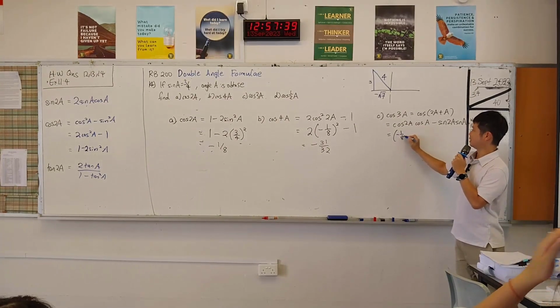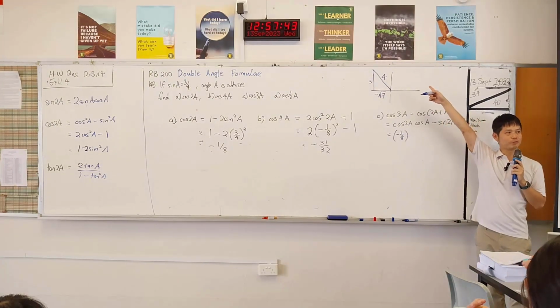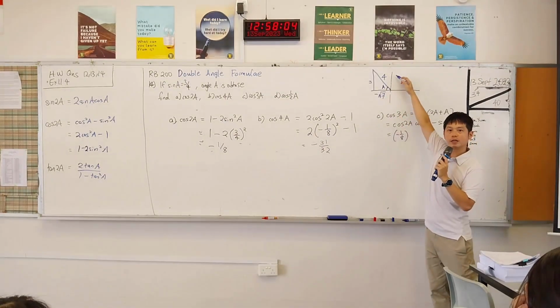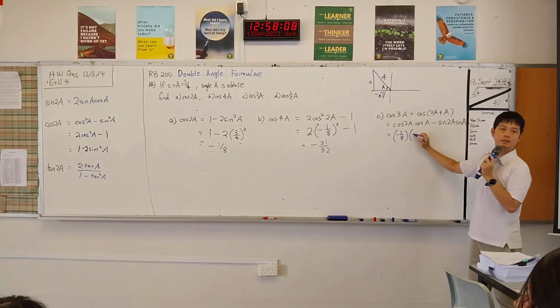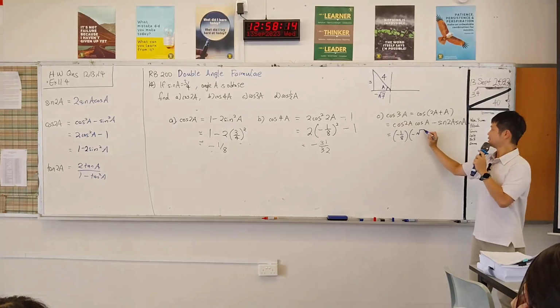Negative 1 over 8. Do I have cosine a? So find out immediately what is cosine a. Alright, so adjacent over hypo, right? Which is negative. Don't scare me, you all know, right? You all just keep quiet only, right? But you all know, okay.